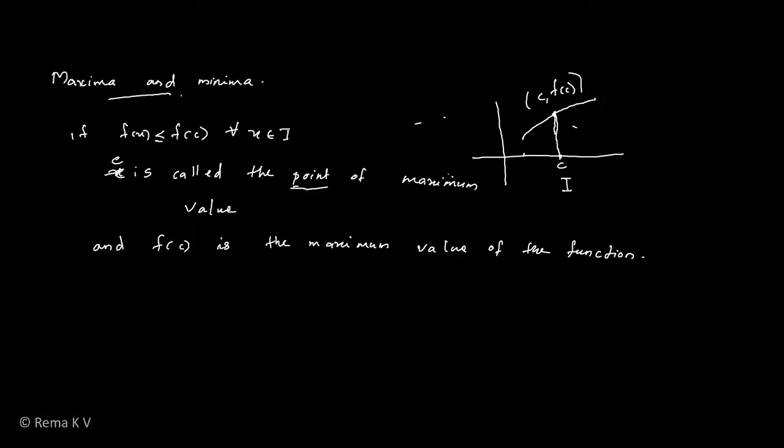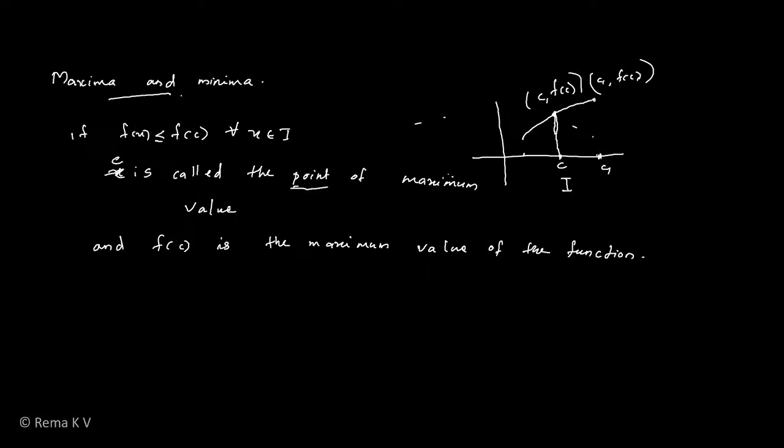In this case, if we consider this point, let this be c1. Then c1, f of c1 is the x coordinate and y coordinate of this point. So here this length f of c1 is greater than all other f of x here. So this line is the longest line here.